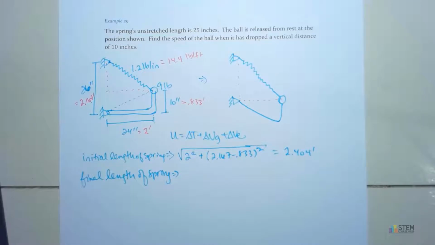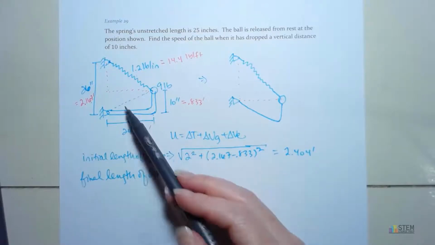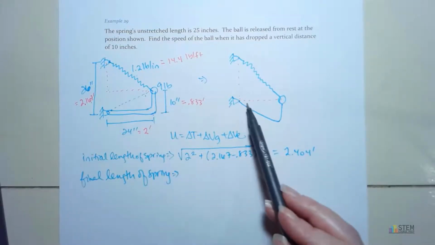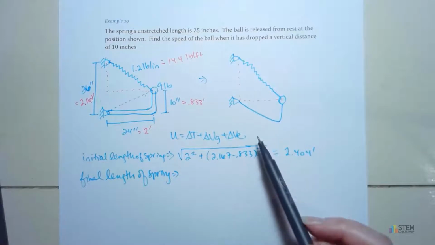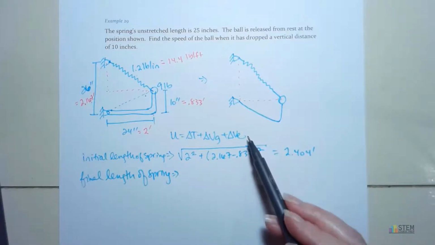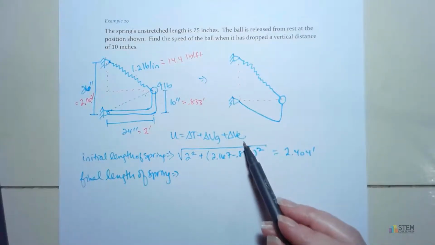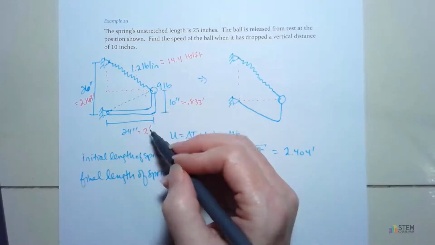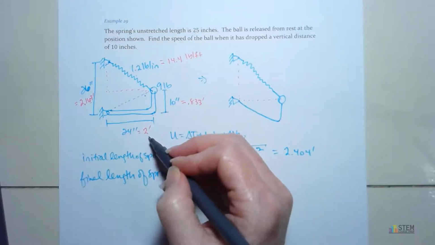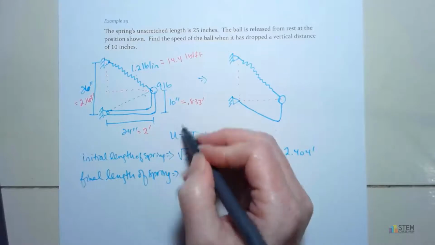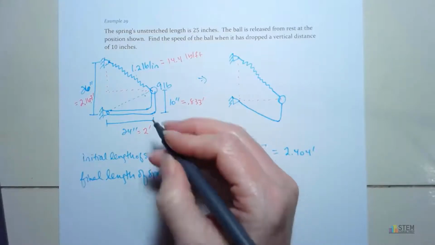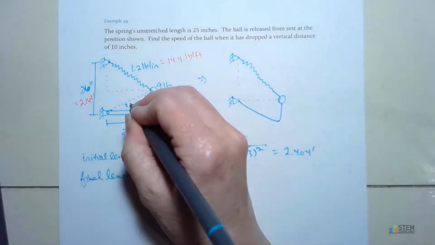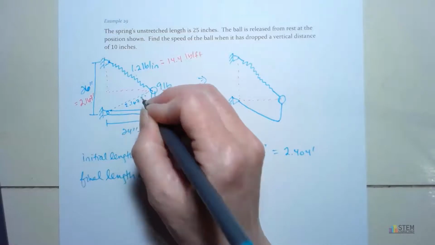It is the same, right? So let's go ahead and find this distance, and then that'll give me this base of this triangle. All right, so if you do that, you'll have the square root of 2 squared plus 0.833 squared. You end up getting 2.167 inches.